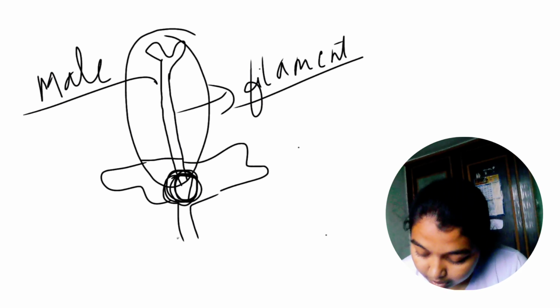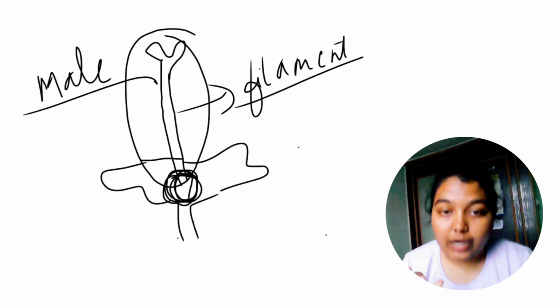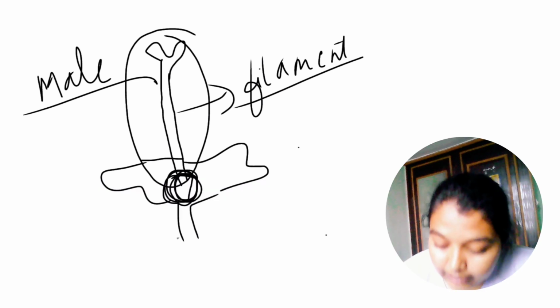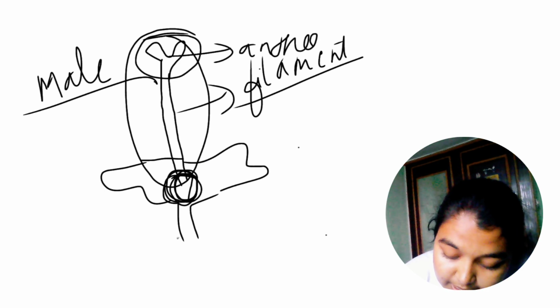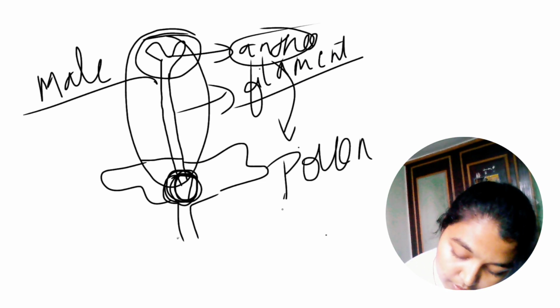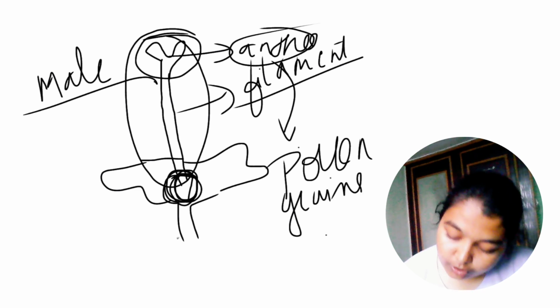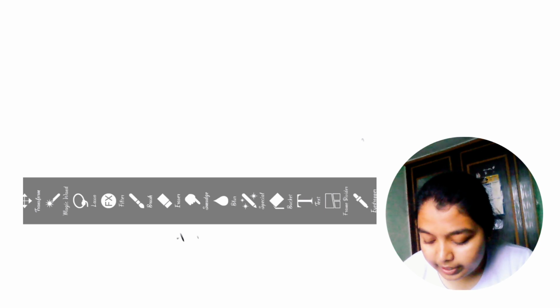And then, this is the filament part. On the filament, the structure above is known as the anther. This anther has pollen grains. How do the pollen grains work? Pollen grains are a round structure covered with a dusty, powder-like form.